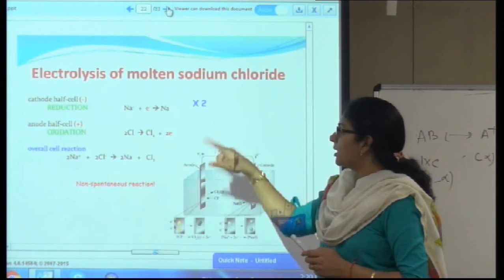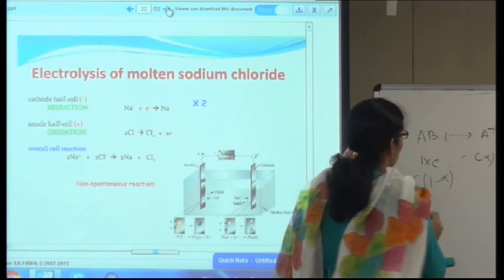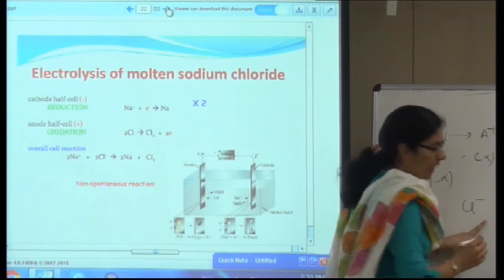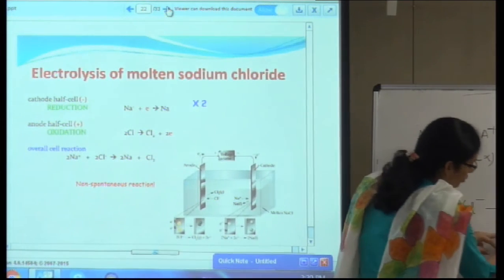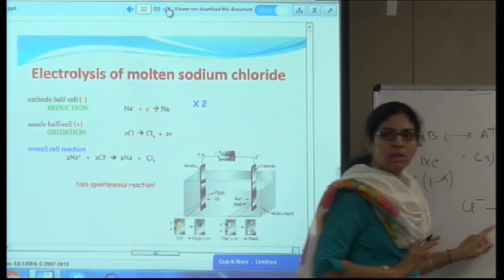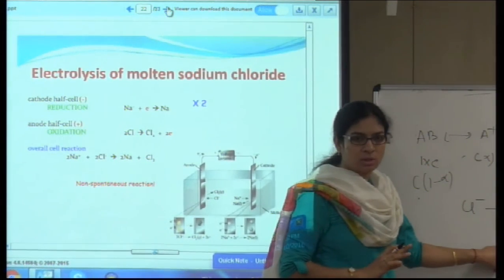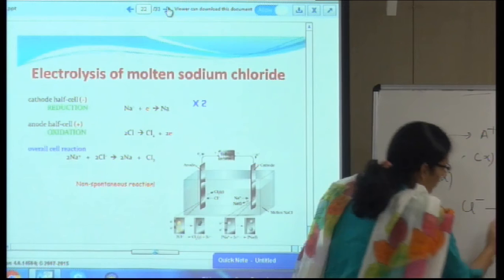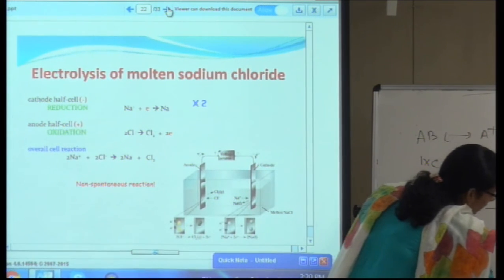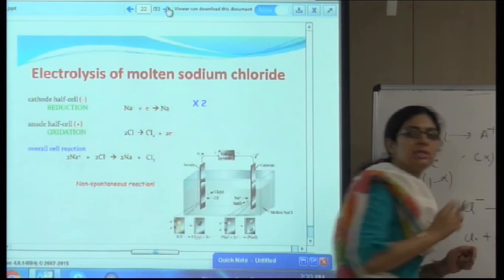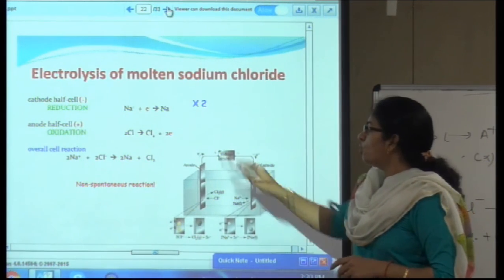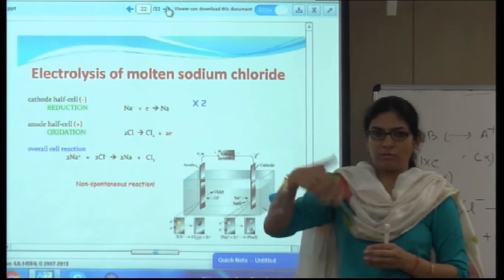So your chloride ions, Cl minus, are there. Here I have written the complete reaction. The chloride ion will lose one electron to form what? A chlorine atom. This is what? Oxidation, right? So when this chlorine atom and another chlorine atom combine, they give you Cl2. So I have written the net reaction actually, 2 chloride ions, because you have to multiply it by 2.